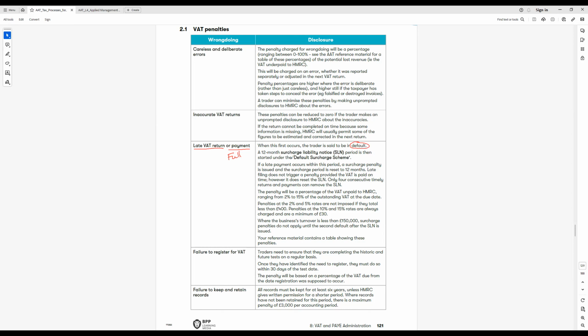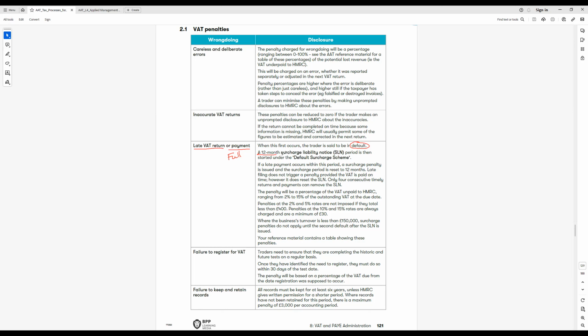A 12-month surcharge liability notice period is then started under the default surcharge scheme. It's like a 12-month notice they give to you. It means they're telling you you missed one of the VAT returns or the payment, so we are giving you a warning for the next 12 months.